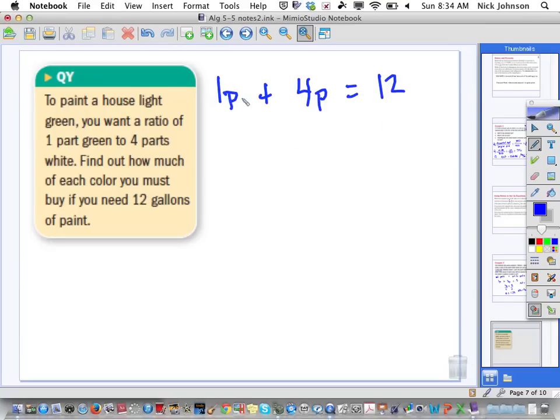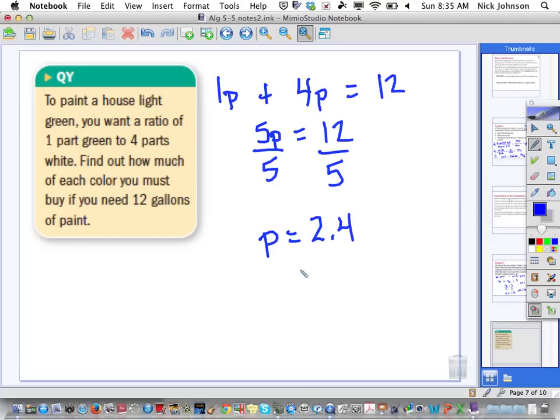Okay? 1p plus 4p is 5p equals 12. Divide by 5. p is equal to 12 divided by 5, which gives you 2 2/5, the same thing as saying 2.4.